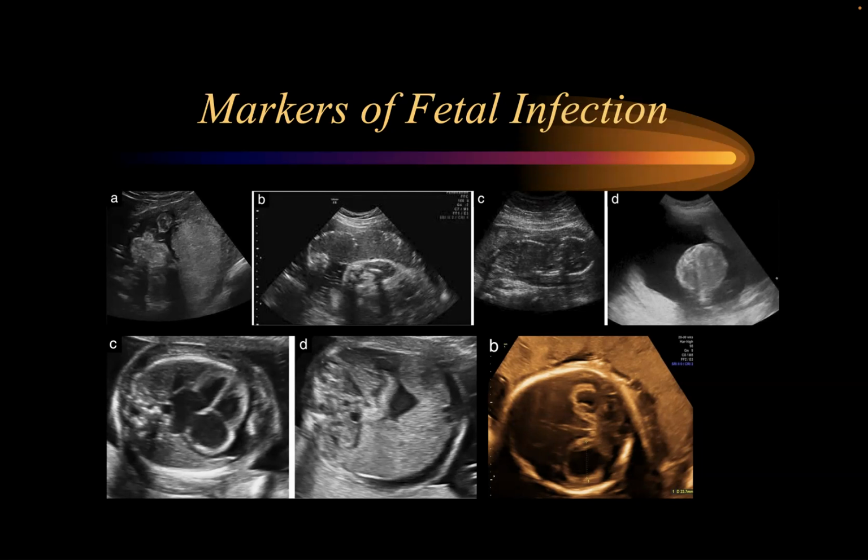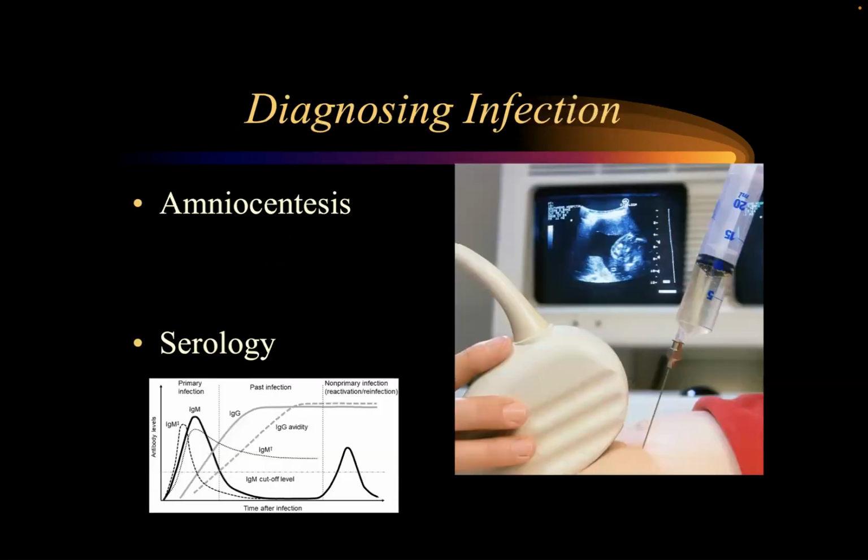And then in frame D, you see a small amount of fluid within the abdomen or ascites. And then again, at the last slide, you see that periventricular infiltrate in a CMV infected fetus. Next slide.